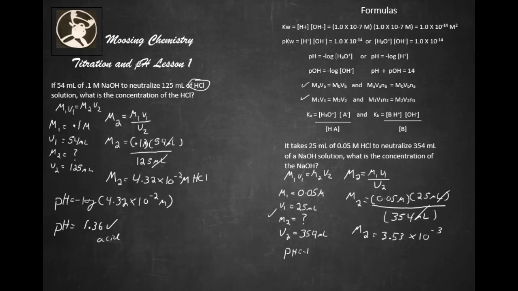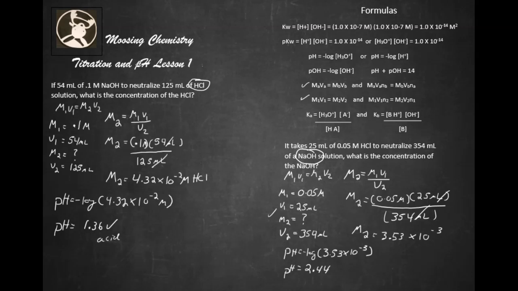pH equals a negative log of that, and so my pH is going to equal 2.44. Now, if you know anything about pH, you know that's an acid. And we are looking at sodium hydroxide solution.